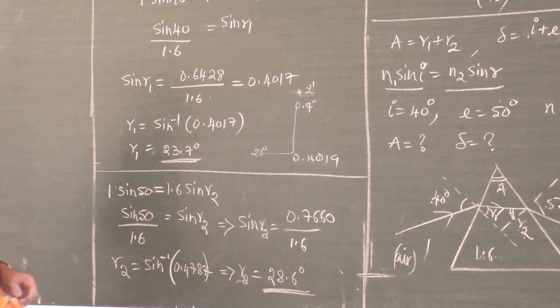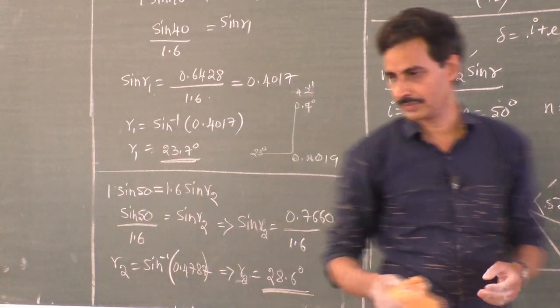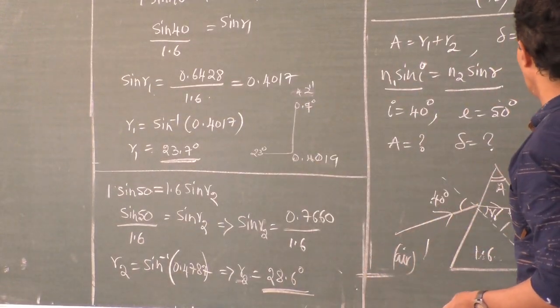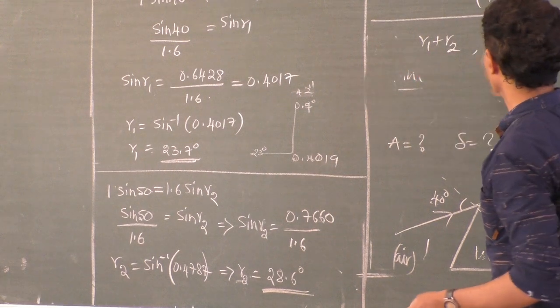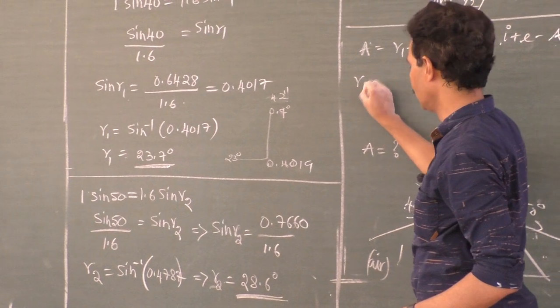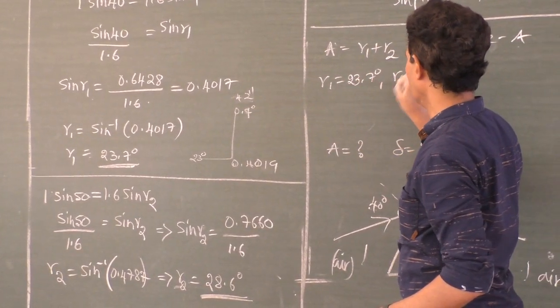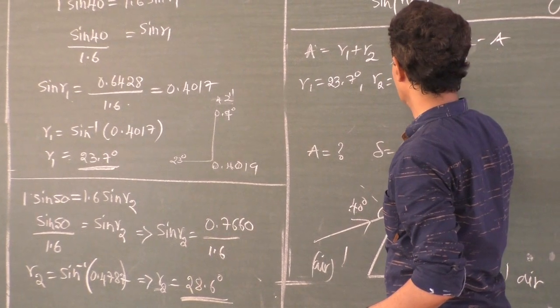Now we will go for the rest of the things. You have got R1 and R2 by applying the general law of refraction on either side. I'll list the values here. So A and delta are the question marks now. We have the formulas here. A is equal to R1 plus R2, where R1 is 23.7 degrees and R2 is 28.6 degrees.